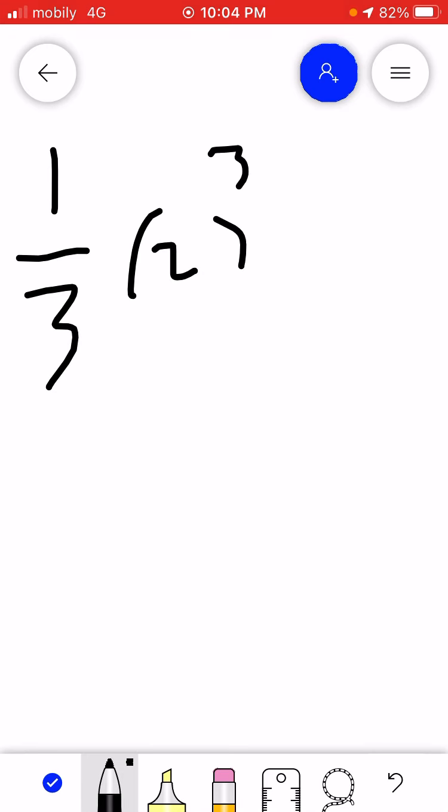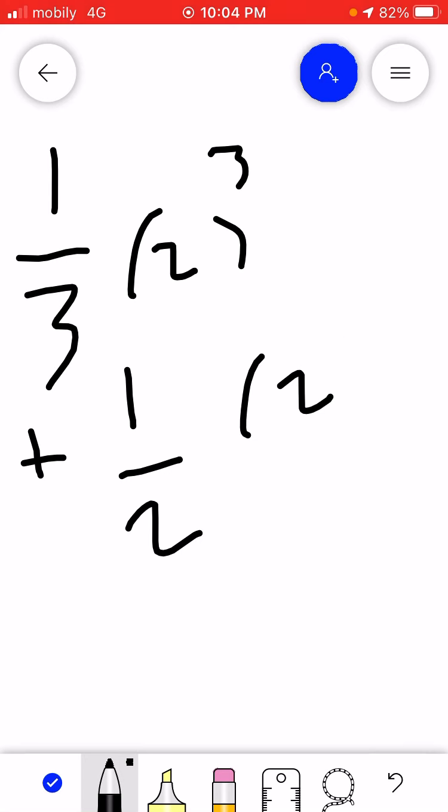In this case, when we plug in, we get 1 over 3 times 2 to the third plus half times 2 to the second plus 2. What do we get? That's the upper limit.